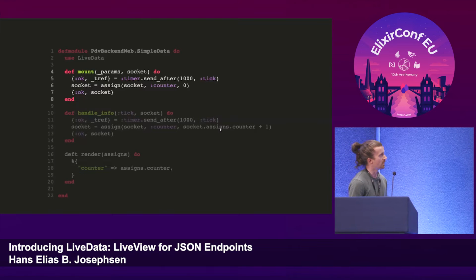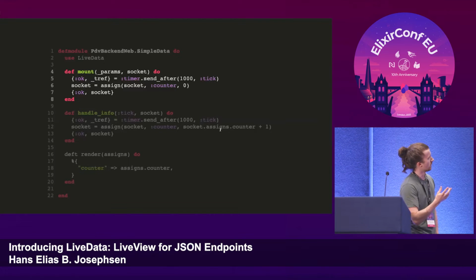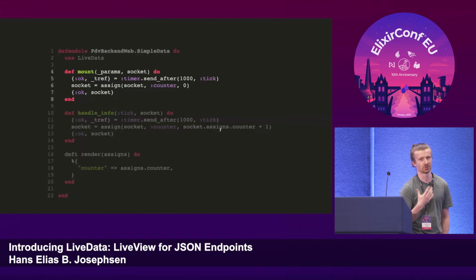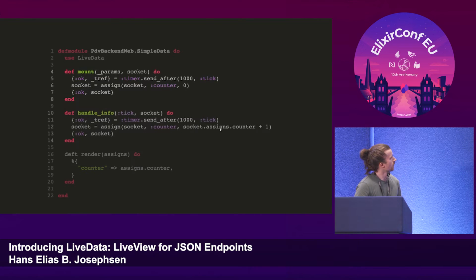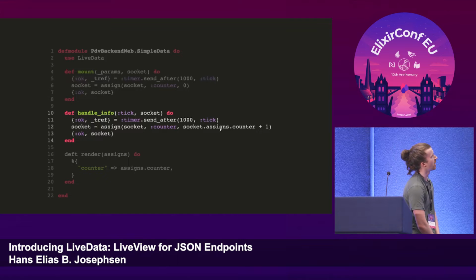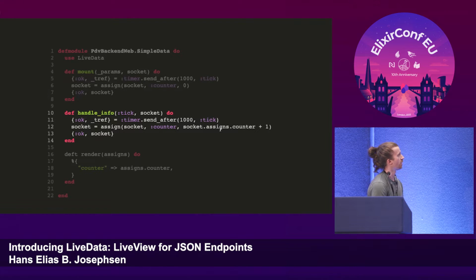This one is pretty much the same, right? We just create a timer, and we ask it to send a tick message to ourselves after 1 second. And we also assign, in our assigns, a counter to 0. Handle info, no surprise, receives that message from the timer, and increments our counter in the assigns by 1.